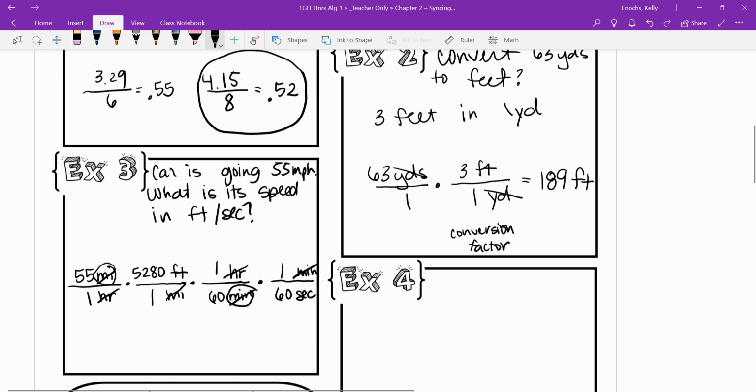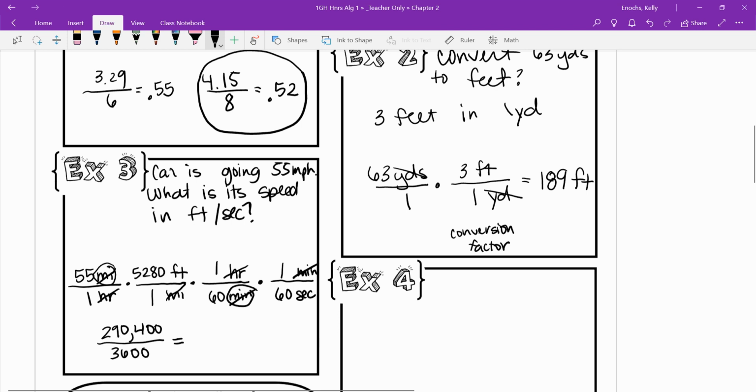So if we do 55 times 5,280, sorry about that, you're going to get 290,400, and then 60 times 60, which is 3,600. Then you can divide that out. I'm sorry, technical difficulties on my calculator. 290,400 divided by 3,600.